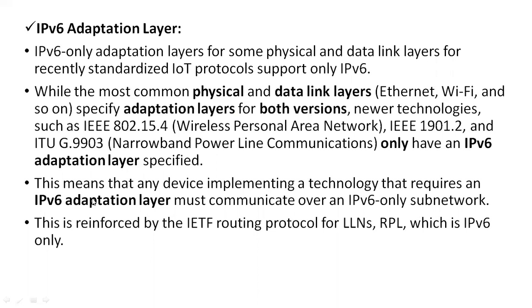Here it means that whatever device is working completely in the IPv6 adaptation layer or in the IPv6 network, all these devices must communicate only through the IPv6 subnet. Okay, if it is a purely IPv6 network, then definitely they have to communicate through the IPv6 network only. Okay, this is about the adaptation layer.